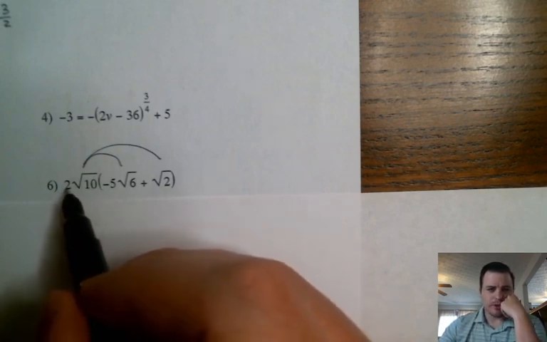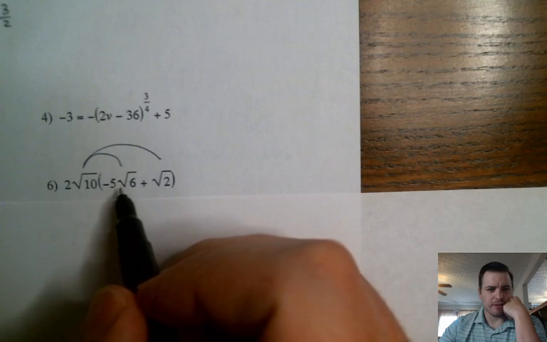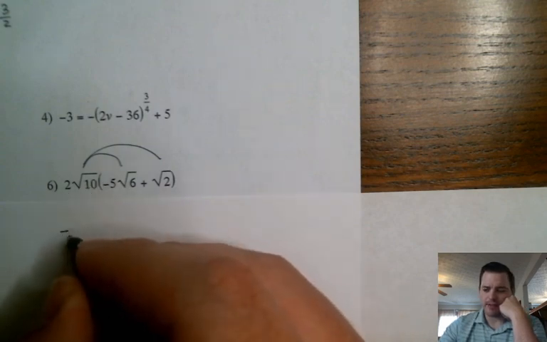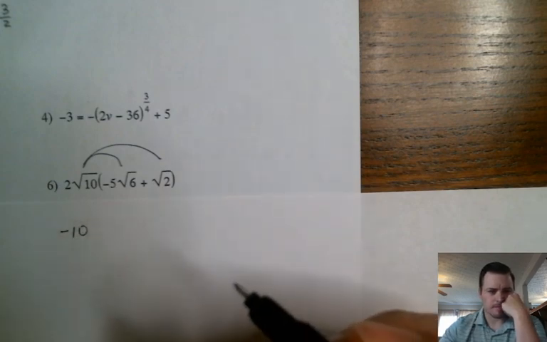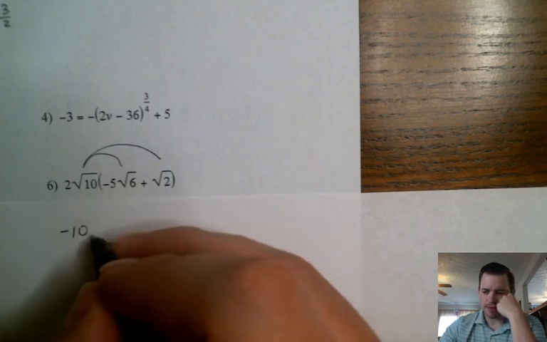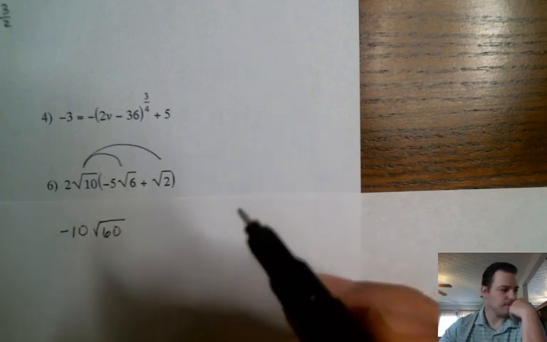You say 2 radical 10 times negative 5 radical 6. So what you're going to do is multiply the 2 and the negative 5 and get negative 10. And then you multiply radical 10 times radical 6, which is radical 60.